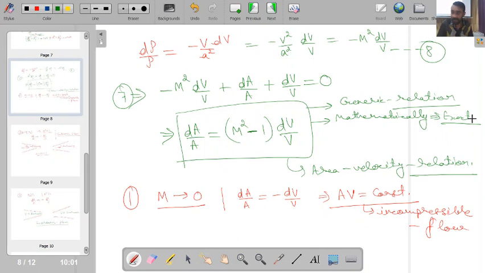Is this one clear? So this is one important aspect: first, it is a generic relation, because we have not imposed any condition applicable for any specific type of fluid. Second, mathematically we have not taken any approximation, we have fully followed the exact solution, so mathematically it is an exact relation.